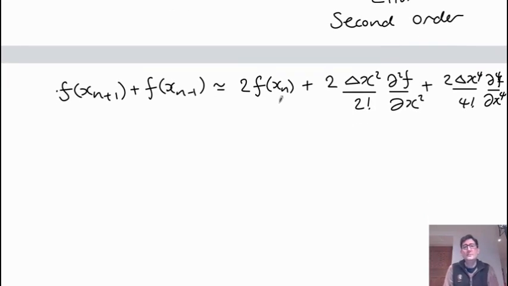Okay, so now the same as before, we can just rearrange this equation. So we know all these quantities, f of xn, xn minus 1, xn plus 1, and we rearrange it to find this d2f by dx squared.